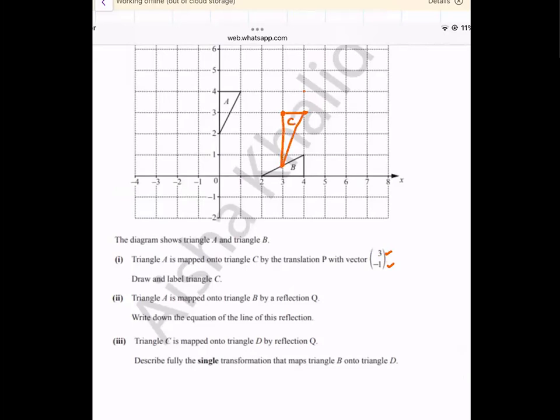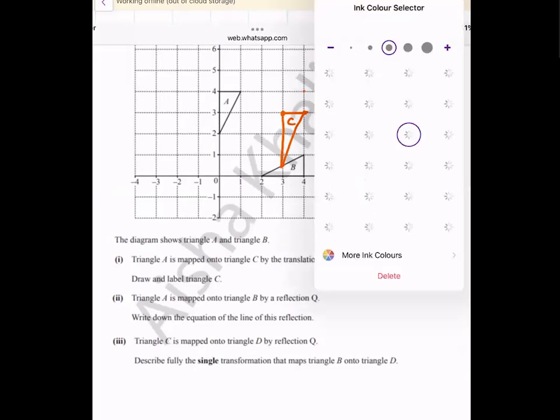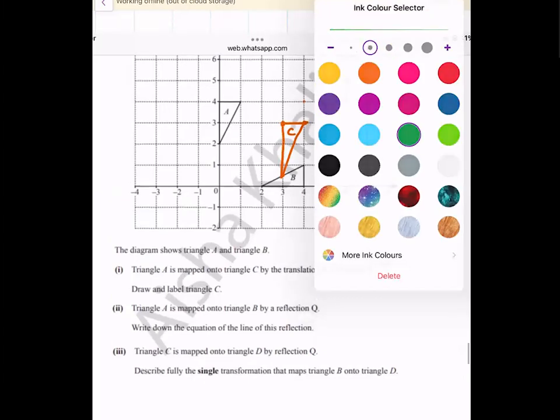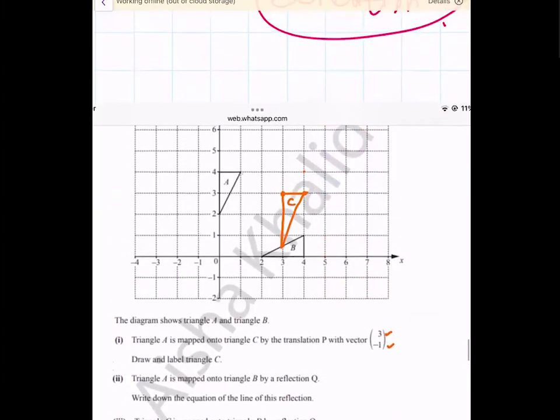A is mapped onto B by reflection Q. Write down the equation of the line of reflection. So if you have to draw the line of reflection, first you have to join the corresponding image and object points. Over here, they have already mentioned that it's reflection. If they don't mention reflection, you know that all object and image lines are parallel to each other, just like in this case.